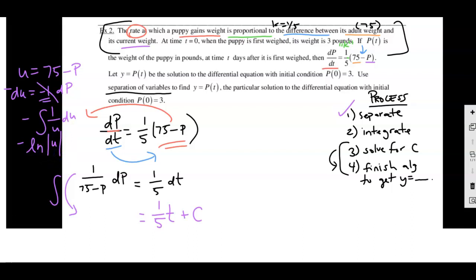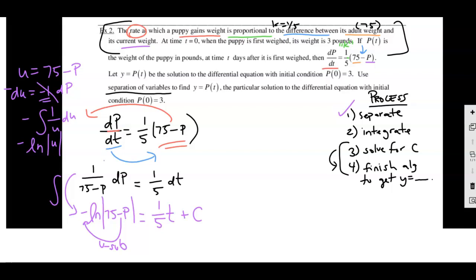And so here we go, I'm going to go ahead and just jump. The integration of 1 over 75 minus p is going to be negative, don't forget the negative, ln of 75 minus p. Really, it was this negative inside that ended up kicking out that negative outside because of the u sub. So don't forget that negative on the outside.